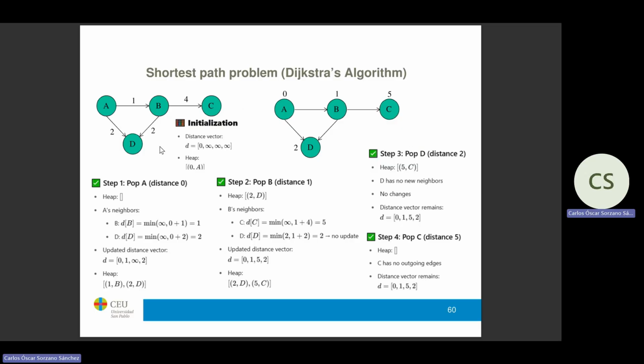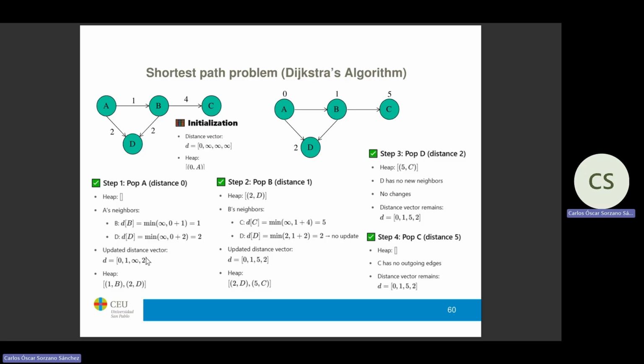Okay, so let's say that you're given this graph, and you want to explore the distance between A and all other nodes. You start with the distance from A to A being 0, and A to all others being infinity, because we don't know yet.